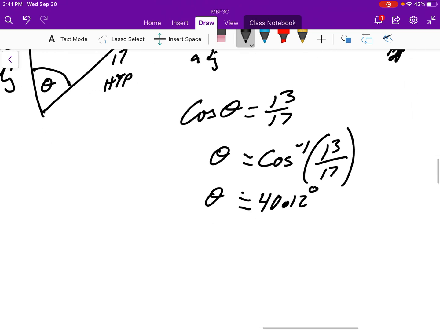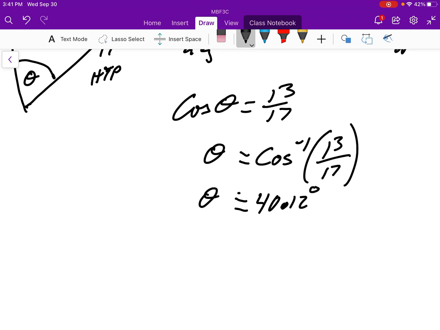If you don't get that when you go cos inverse 13 over 17, what you might have to do is put 13 divided by 17, press your equal button, and then do your second function cos so that you can calculate the cos inverse, and it'll automatically then go to the 40 degrees.